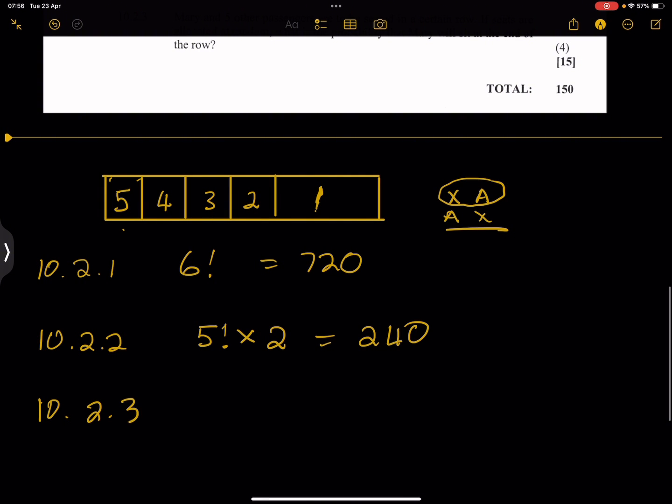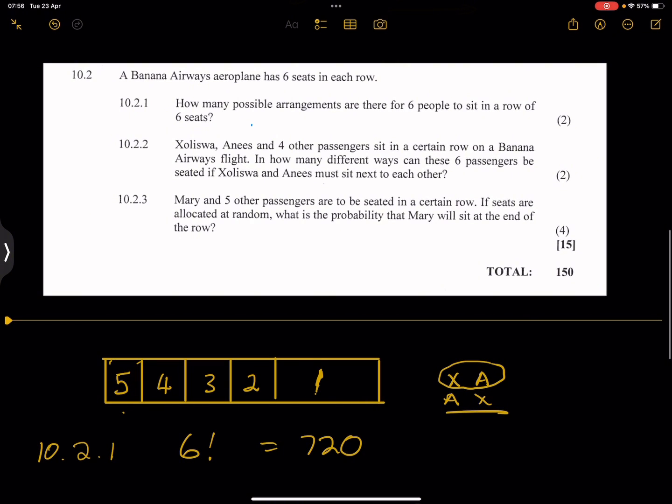So let's look at the last question. They say Mary and 5 other passengers are to be seated in a certain row. If seats are allocated at random, what is the probability? Now note, we are not looking for the number of ways, we're looking for the probability that Mary will sit at the end of the row.